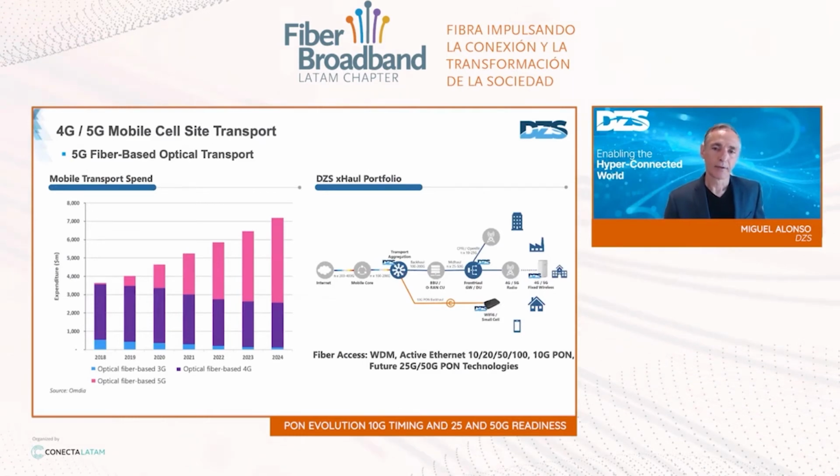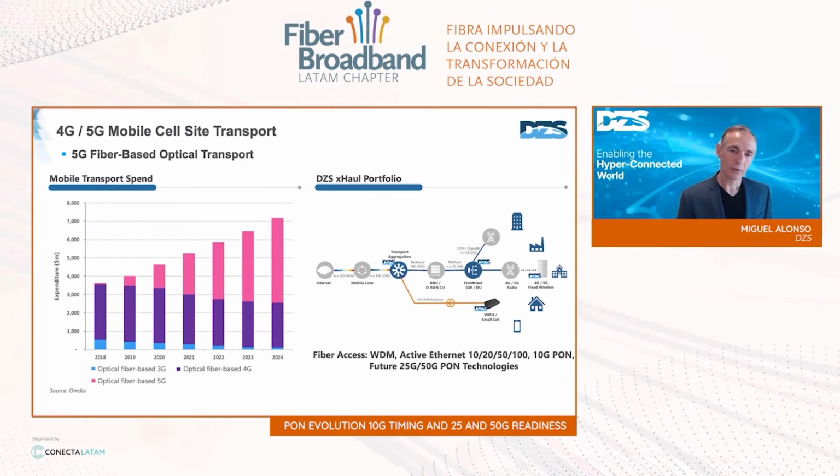So when we look at overall the driver for mobile cell site transport, and we look at the utilization of fiber-based technologies to deliver that mobile cell site transport, you can see on the chart on the left that when one goes from the 3G to the 5G, so the light blue to the purple to the pink or magenta color on this chart, clearly 4G and 5G mobile cell site transport is predominantly and in a vast majority of cases based on fiber.